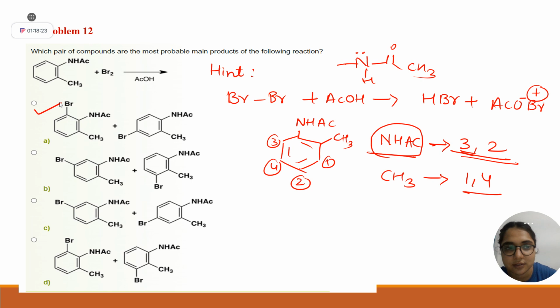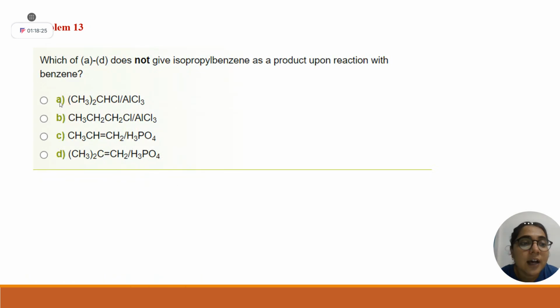Among these options A to D, which does not give isopropyl benzene? Let us first draw what isopropyl benzene is. This is your isopropyl benzene, as a product upon reaction with benzene.